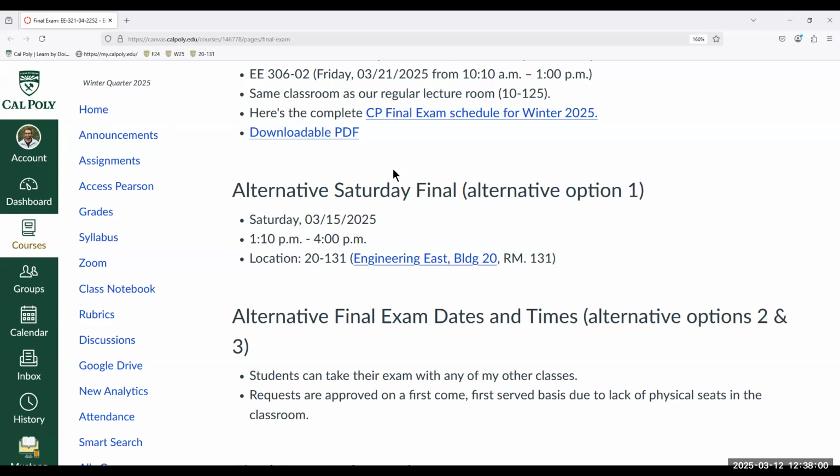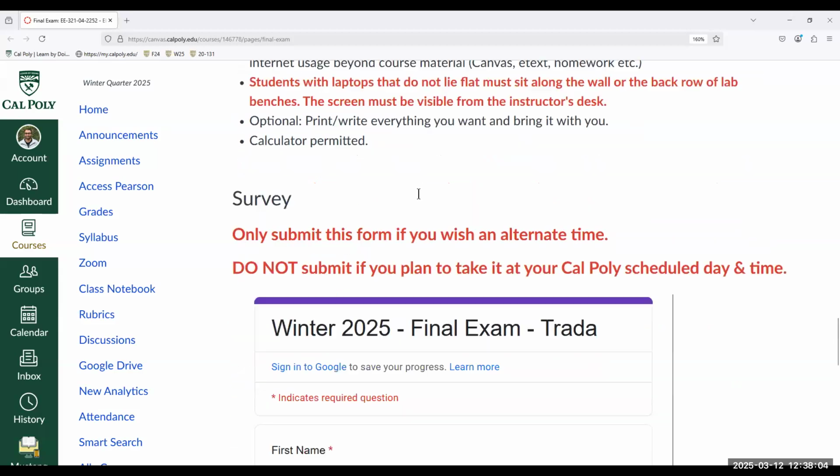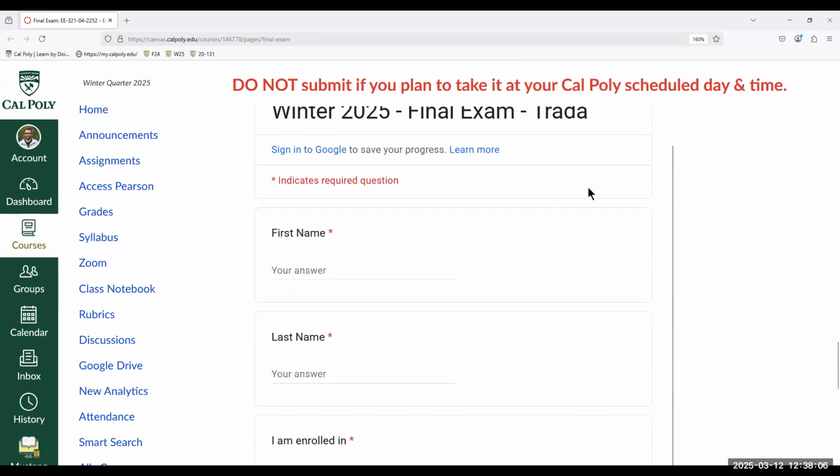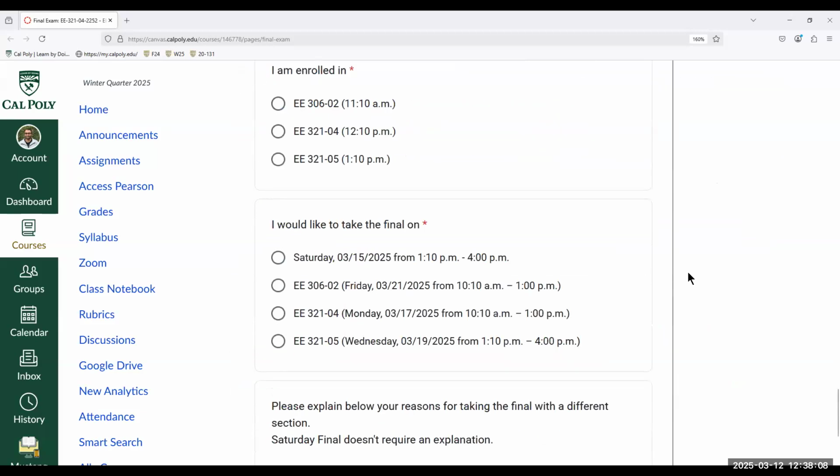Okay. All right. So there's a survey form that you need to submit if you wish to take it at an alternative time. All you need to let me know is when you wish to take it. If you wish to take it at your regular time on a Monday, you do not need to submit this form. Okay. Only submit it if you wish to take it during an alternative time. That's all.